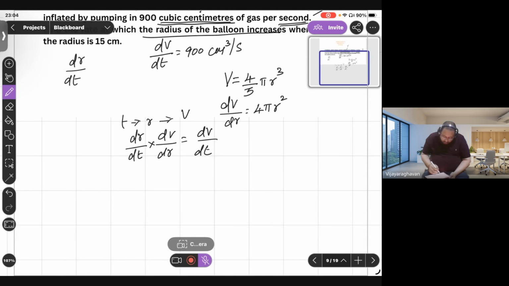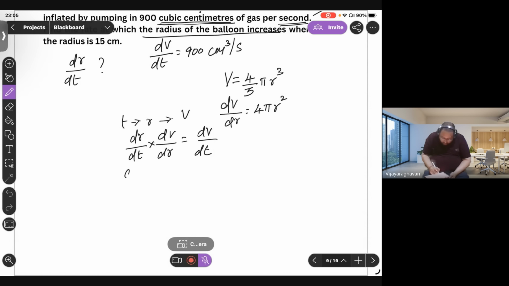What is dr/dt? That we have to find out. So dr/dt multiplied by dV/dr, which is 4 pi r square, equals dV/dt, that is 900.